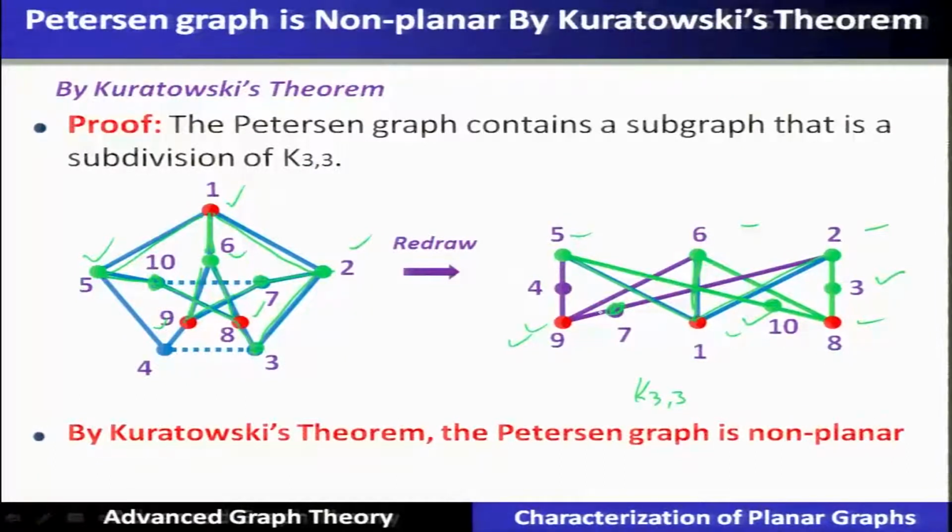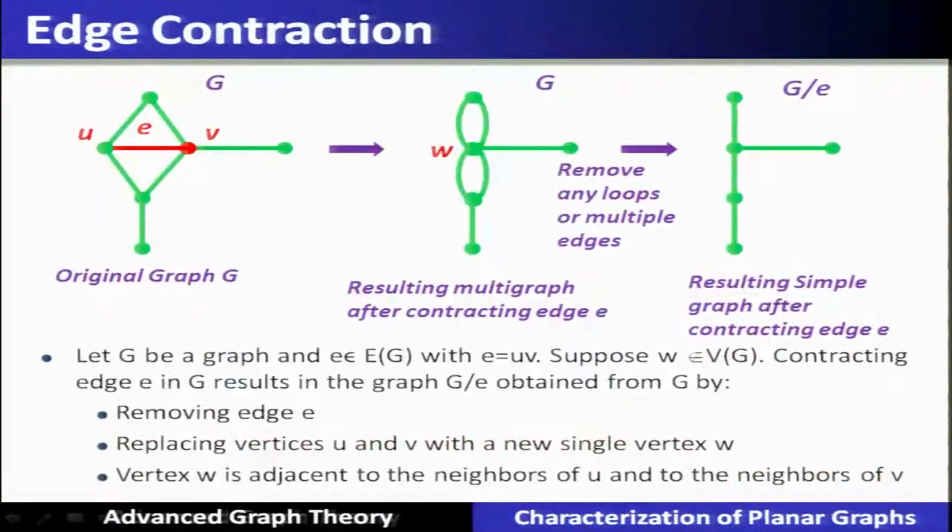Similarly, 9 and 5 is having an edge with 4 as its subdivision. Hence, we have shown that this Petersen graph contains a subdivision of K33. According to Kuratowski's theorem, since K33 is non-planar, a graph containing a subdivision of it is not planar as far as the theorem is concerned.